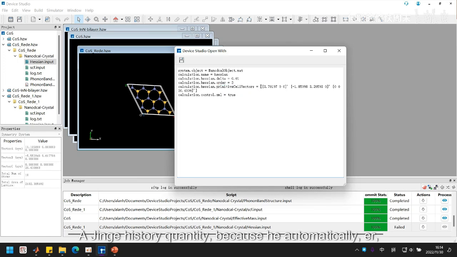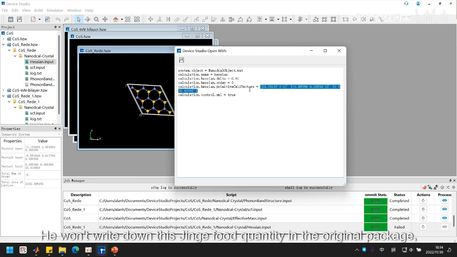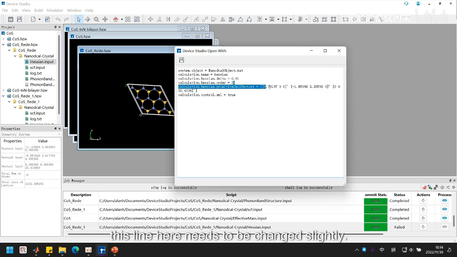The displacement quantity is automatically generated by itself. It won't write this displacement quantity in the original supercell. So generally speaking, this line here needs to be changed slightly.